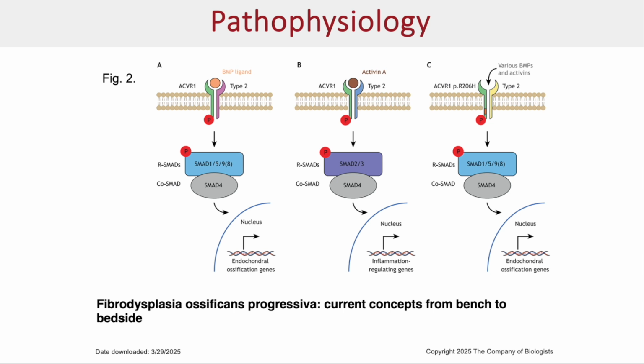So it's this abnormal ACVR1 receptor, and there's one specific mutation called the common mutation, the R206H variant, which is seen in the vast majority of patients that have FOP. And there are some other very, very rare variants that can cause a slightly different presentation that's more severe.